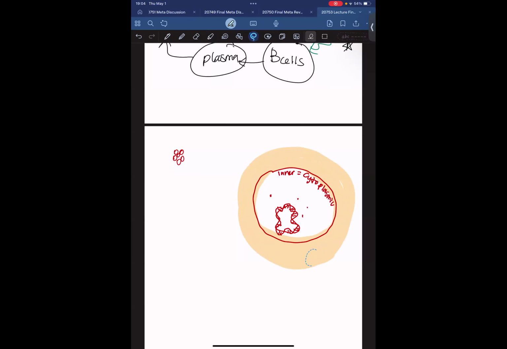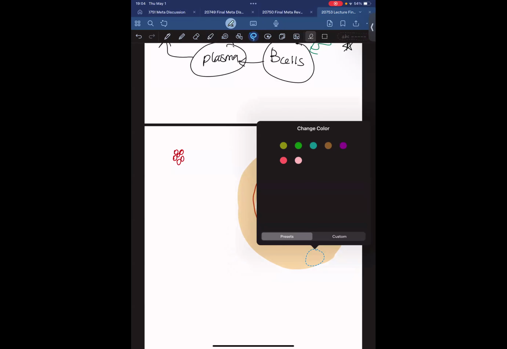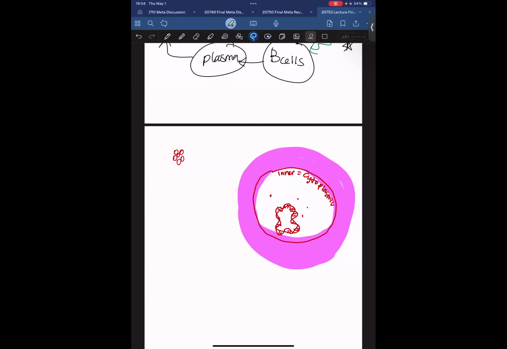Let's see if I can. All right. So this is our wall for our gram positive. And Staphylococcus aureus also has a capsule around it.